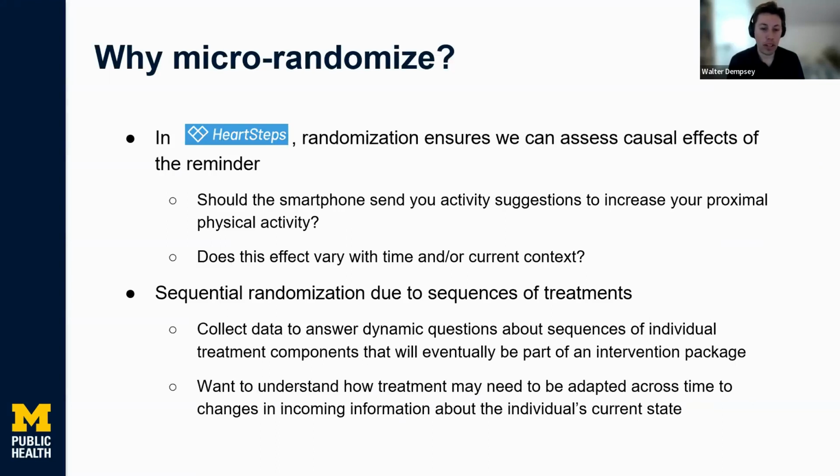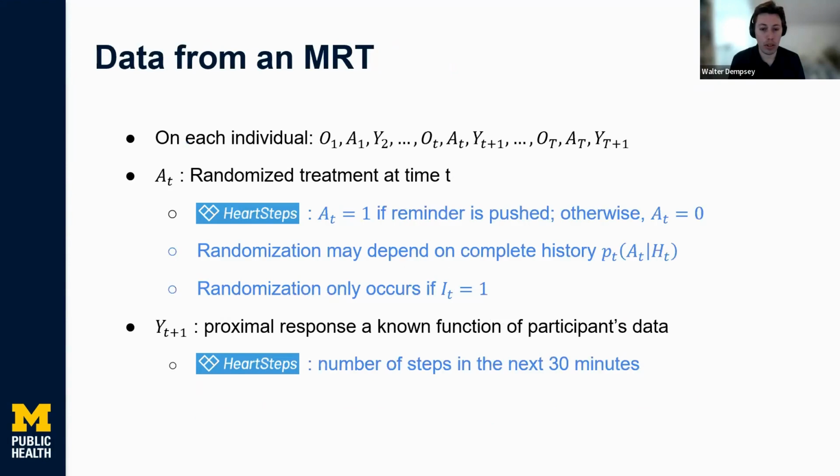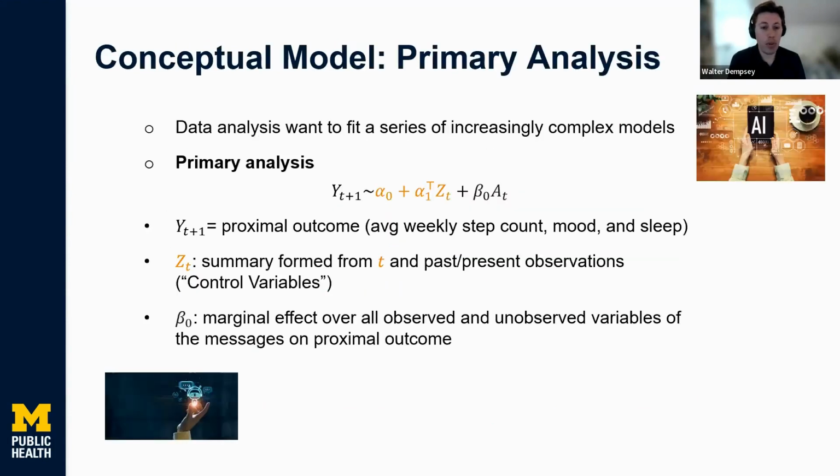This is my slide for those who aren't familiar with experimental design. Why are we micro-randomizing? It's to assess causal effects. Let me skip ahead for time. I want to talk about the types of effects that we are really interested in assessing.